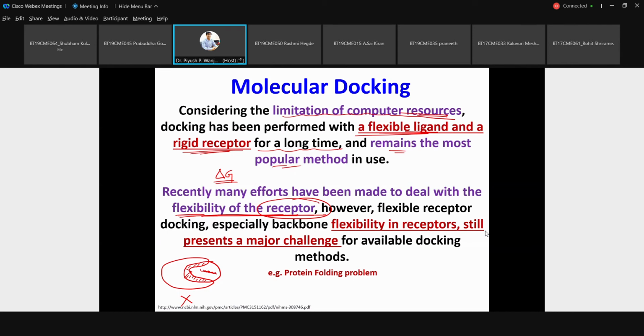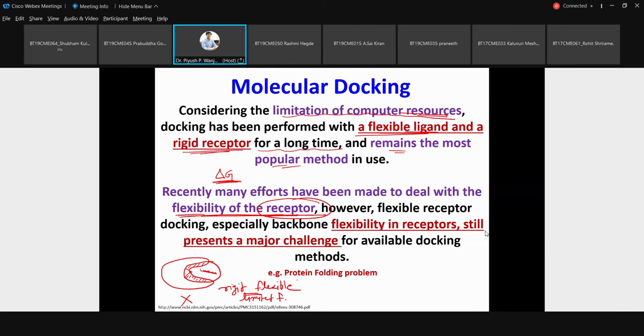This can be one approach: instead of making it totally rigid or completely flexible, you have some limited flexibility. This limited flexibility will increase accuracy a little bit at the level of the delta G value.